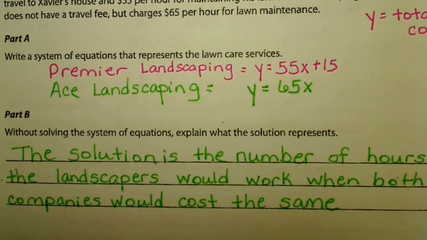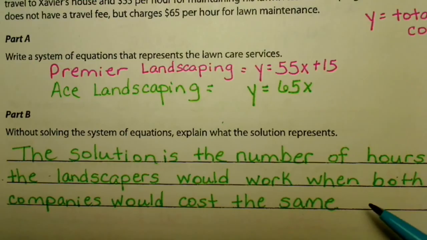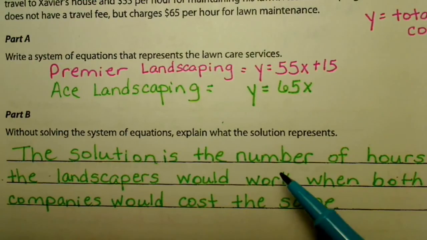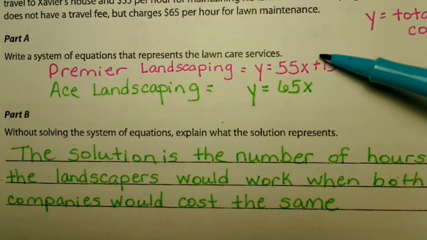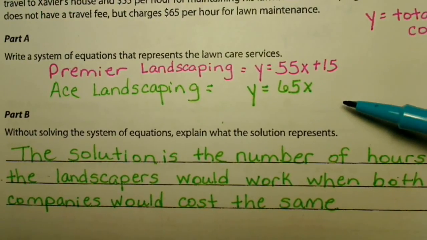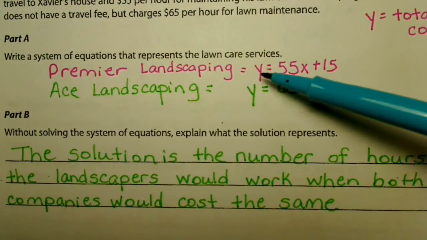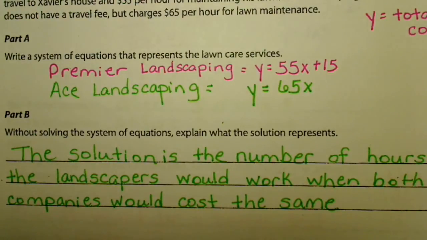When you graph both of these, that's the point where each company would cost exactly the same. Below that amount, Ace would cost less because it doesn't have this fee to travel. Above the answer, where they intersect, the better deal would be Premier because it's less per hour.